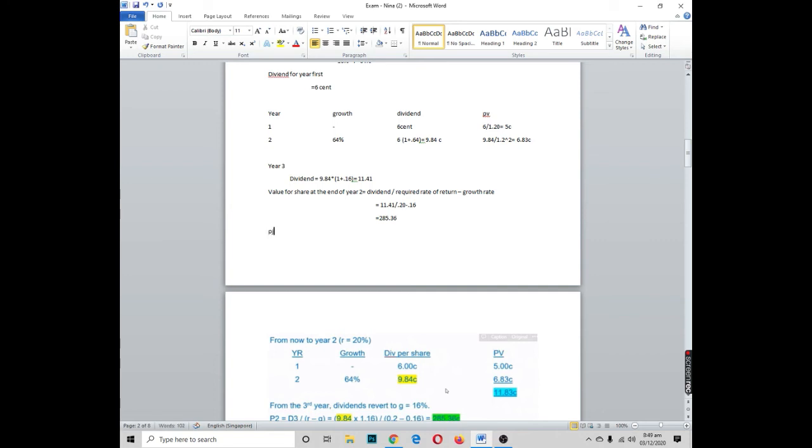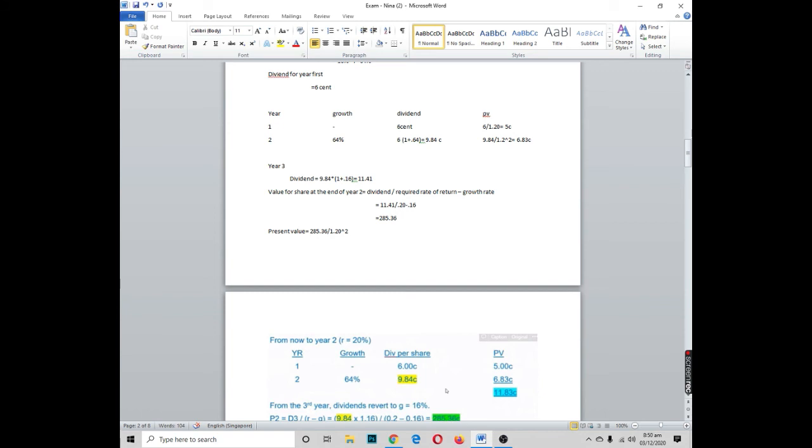So present value is 285.36 divided by 1.20 raised to power 2.